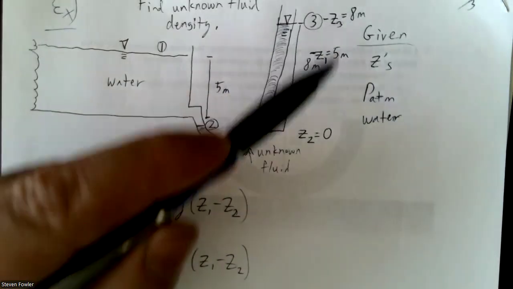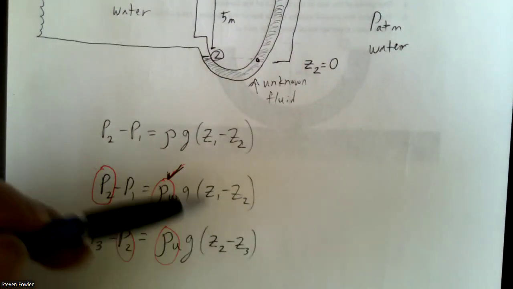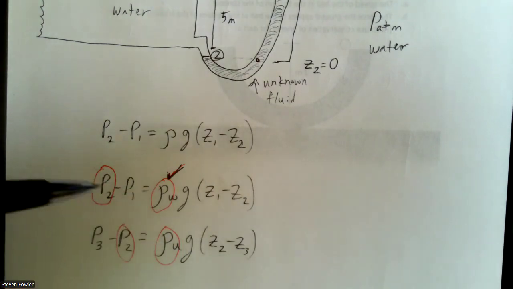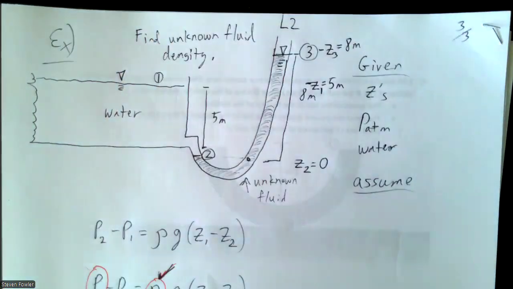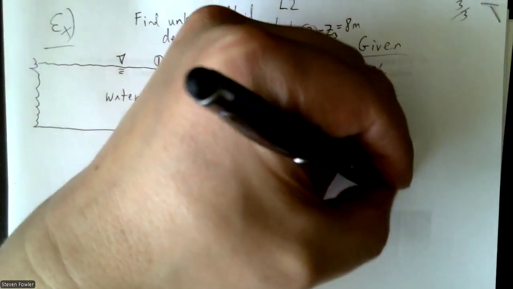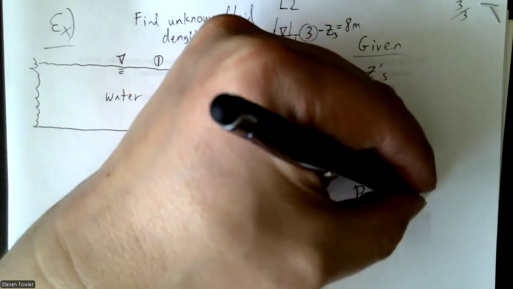But notice now I've got actual values for these. The Z's are known, gravity is known. The density of water wasn't given to us, but we can make an assumption. I said a few videos ago that it's always safe to assume that the density of liquid water is about 1,000 kilograms per meter cubed.